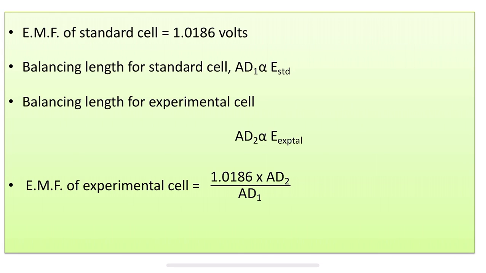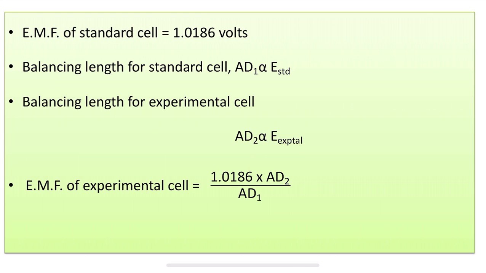The E.M.F of the standard cell is a known value, it is 1.0186 volts, and the balancing length for the standard cell, that is AD1, is proportional to the standard E.M.F of the cell, 1.0186 volts. In the same way, the balancing length for the experimental cell, AD2, is proportional to the E.M.F of the experimental cell.